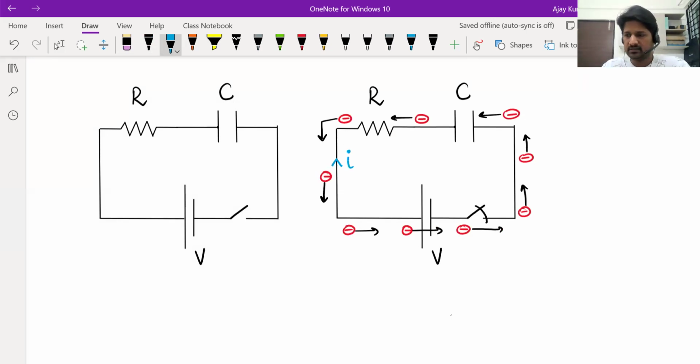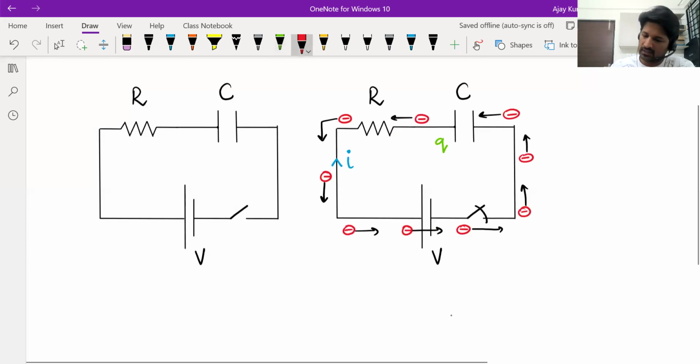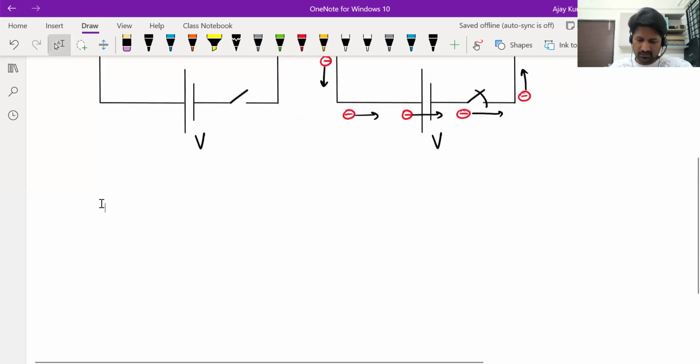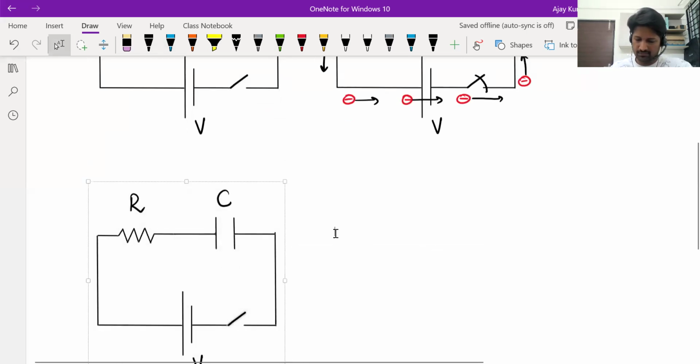As time passes, charge gets accumulated on the plates of the capacitor. Positive charge appears on this plate, let's say Q. Negative charge appears on the opposite plate, say minus Q. So let's say the switch is closed at t equal to 0.